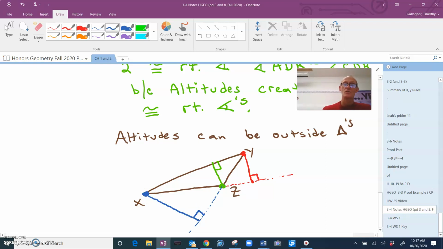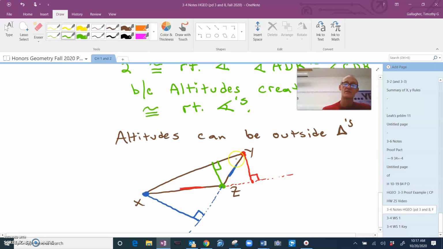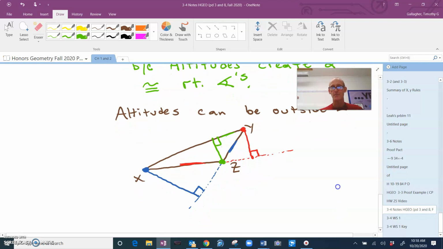The red one is perpendicular to this side. And the green altitude is perpendicular to this side. So altitudes can be outside triangles, and that's something you're going to have to let sink in.